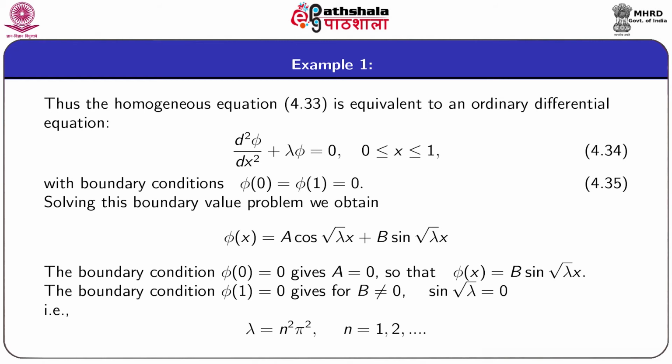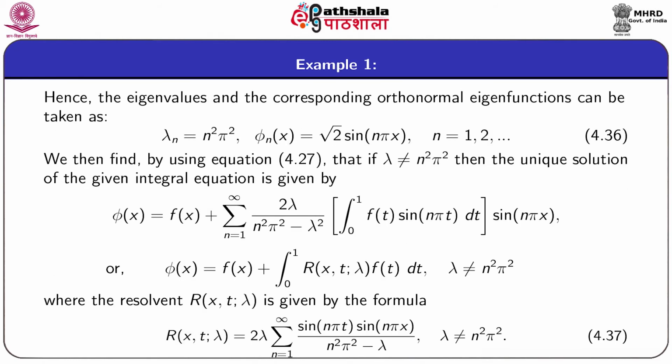So sin √λ equal to 0 gives λ equal to n²π², n ranging from 1 to infinity. Hence the eigenvalues and the corresponding orthonormal eigenfunctions can be taken as λn equal to n²π² and φn(x) equal to √2 sin(nπx), where n ranges from 1 to infinity, as given by equation 4.36.